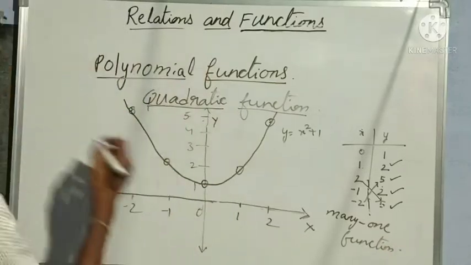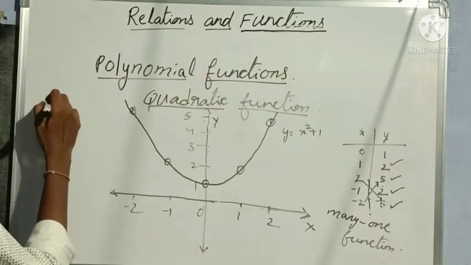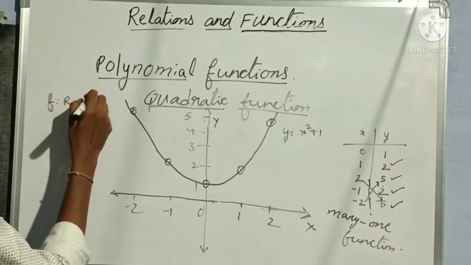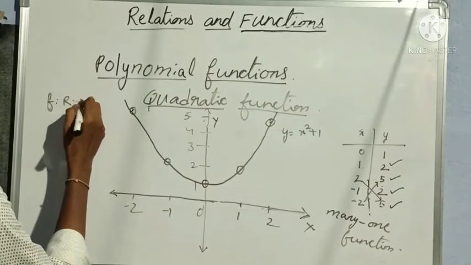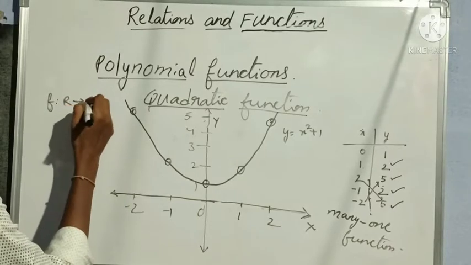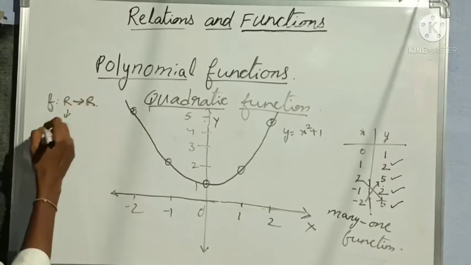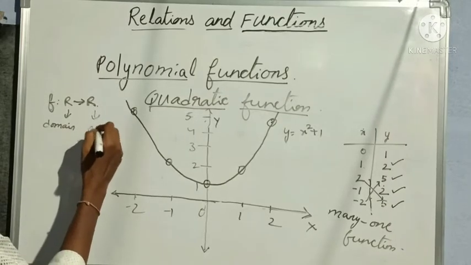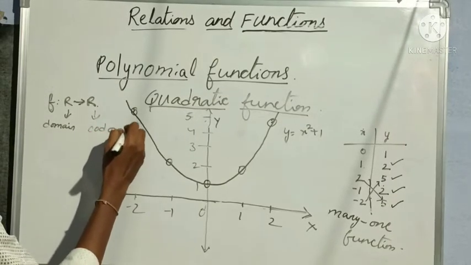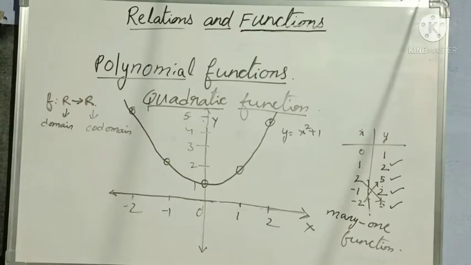Anyhow, when nothing is given, the function will always be from real numbers to real numbers, that is R to R. So what is the domain here? Domain is R, means all real numbers. Codomain is also R. Now let us see what is the range of the function.